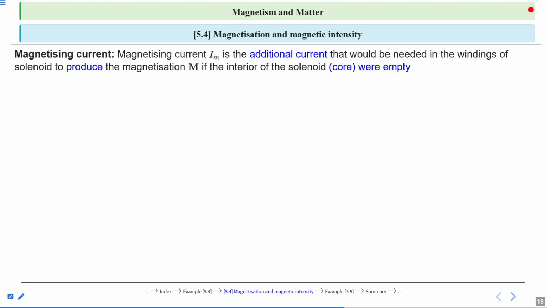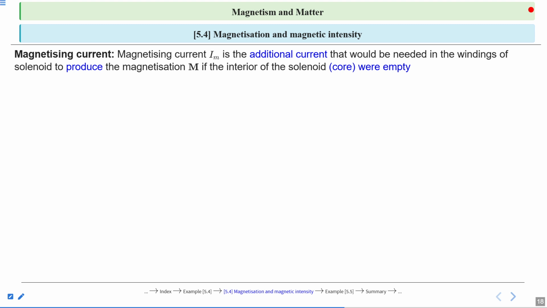Now we know that the total magnetic field is B naught plus B_M. That B_M magnetic field is produced by the material that is inserted in the core of the solenoid. If we remove that material, B will become B naught because B_M is now 0. But we want to produce the initial B magnetic field.